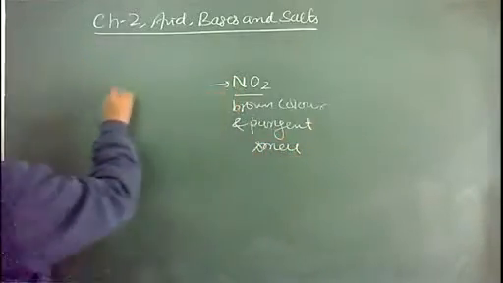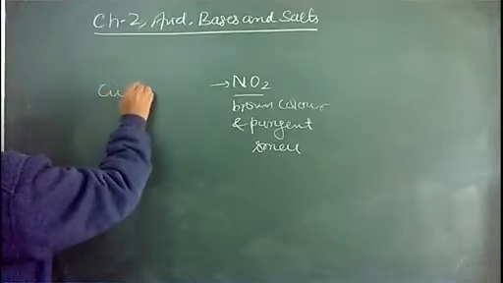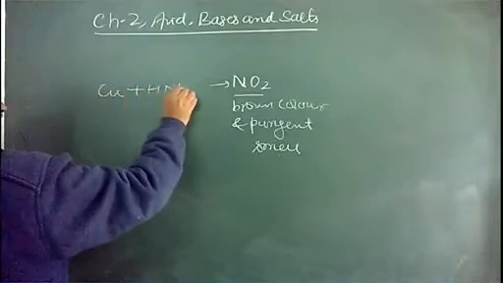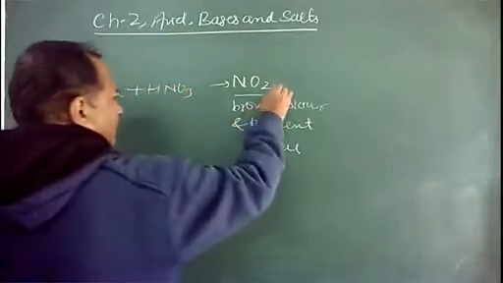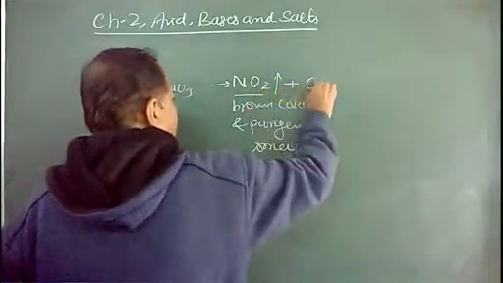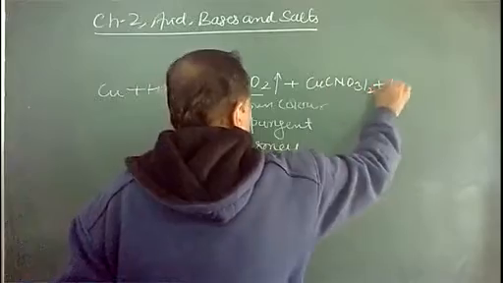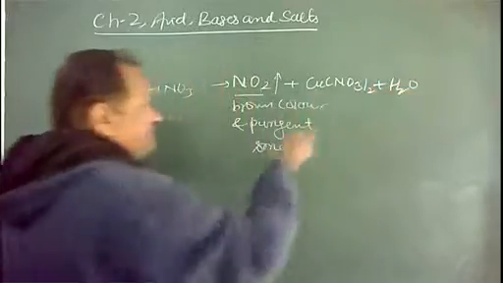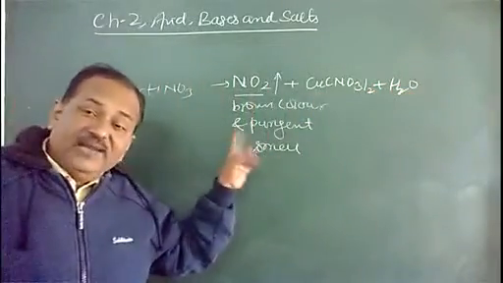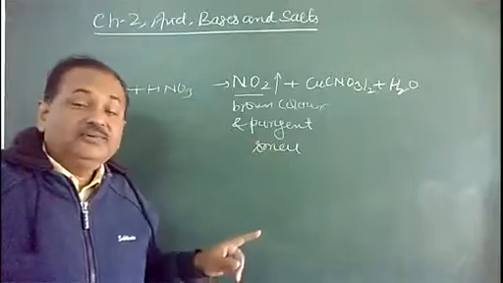Like see, if we take copper and HNO3, we get NO2, then copper nitrate, then H2O. So this is the point that NO2 has.